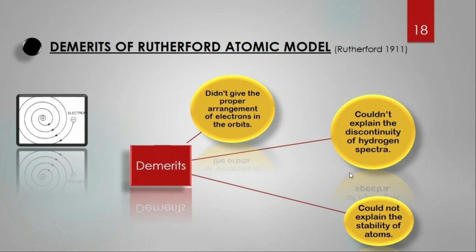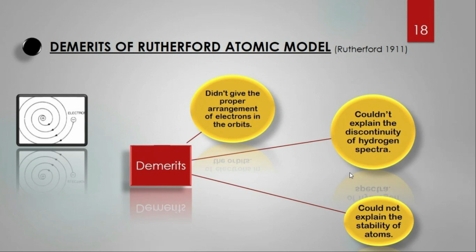But if the electrons are radiating electromagnetic energy, then the radius of the orbit must be shortened. And if the emission of electromagnetic waves from the electron continues, then the radius of the orbit must be gradually decreasing. So if Rutherford's atomic model wants to satisfy Maxwell's theory of electromagnetic radiation, then the electron must follow a spiral path into the nucleus.